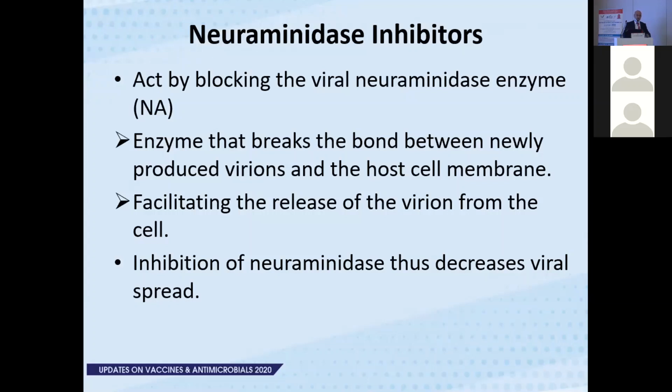So the neuraminidase will act like a scissor. It will cut this attachment between the virus and the cell surface, leading to release of the virus. Now, neuraminidase inhibitors will inhibit the action of this molecule. By that, it will decrease the viral spread, so it will keep the virus attached to the cell.